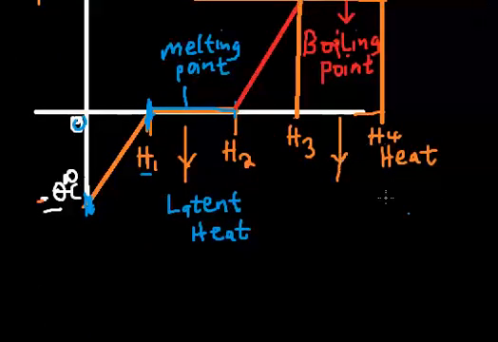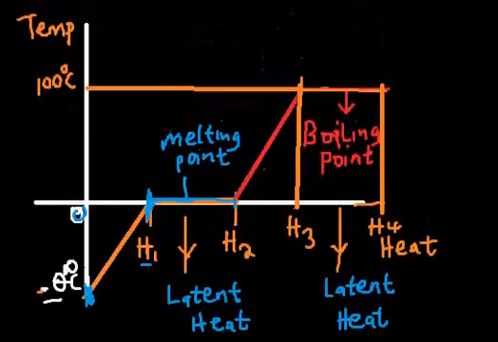So there's another latent heat I have here. So we simply mean that for ice, there are two latent heats. One latent heat is supplied during melting, and of course the second latent heat is supplied during boiling. Then after the whole water has boiled, of course the temperature starts rising.